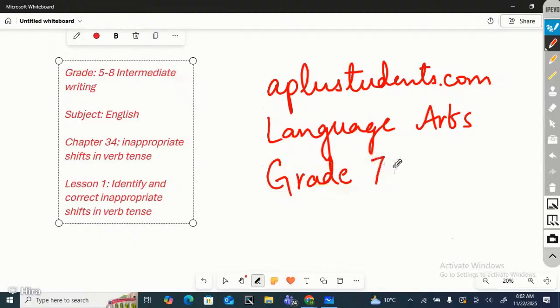Pick from grade 7. It is chapter 34, Inappropriate Shifts in Verb Tense.